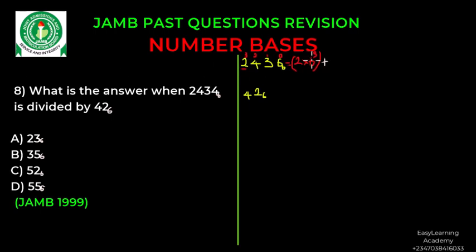Okay, so we now have it that we open our bracket. Now we have 4. We multiply 4 with what? With the base, the given base, right? And then the power is what? Power 2. Okay, we now proceed. We pick the next one. Let's pick the next number, that is 3.